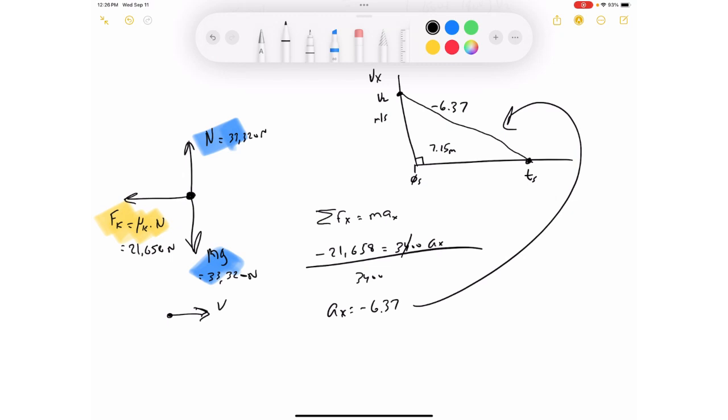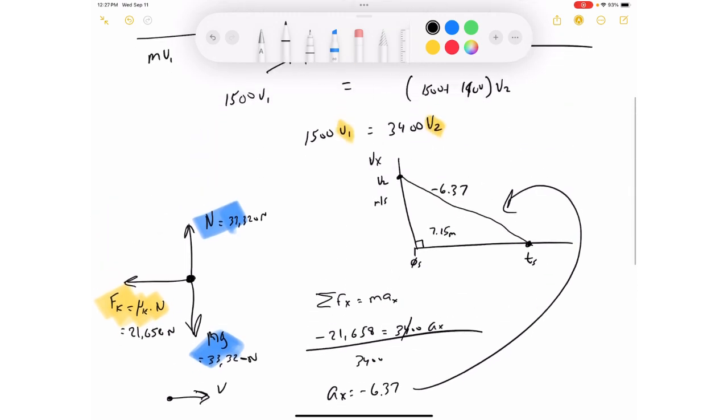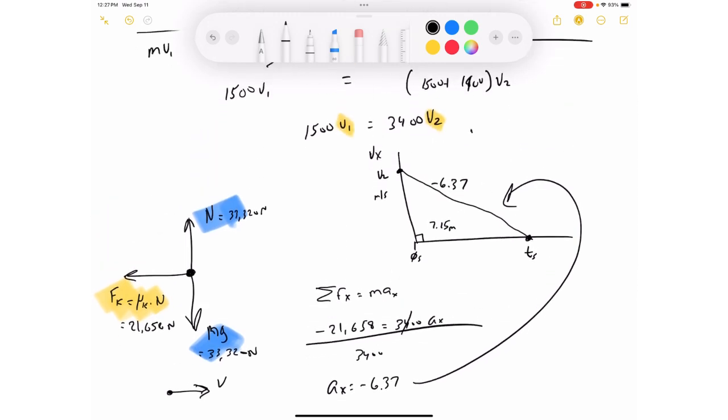But let's say I want the actual equation of the line, meaning I want to know what the velocity is at some time t. Well, I can say that the velocity in x at some time t is equal to negative 6.37 t.